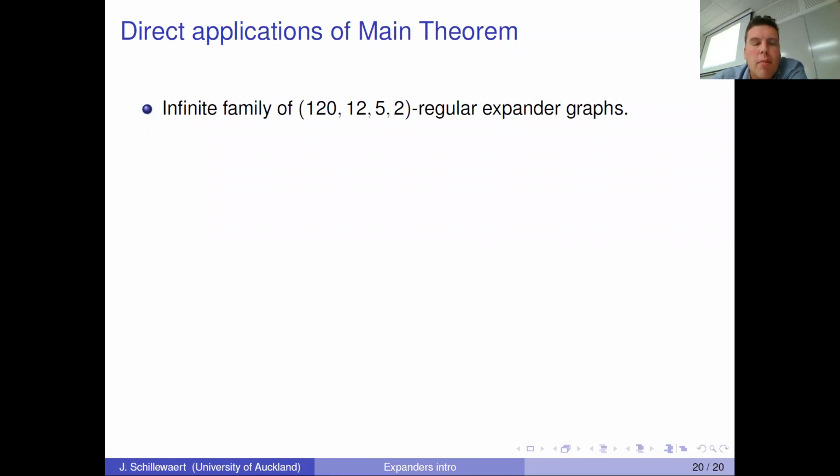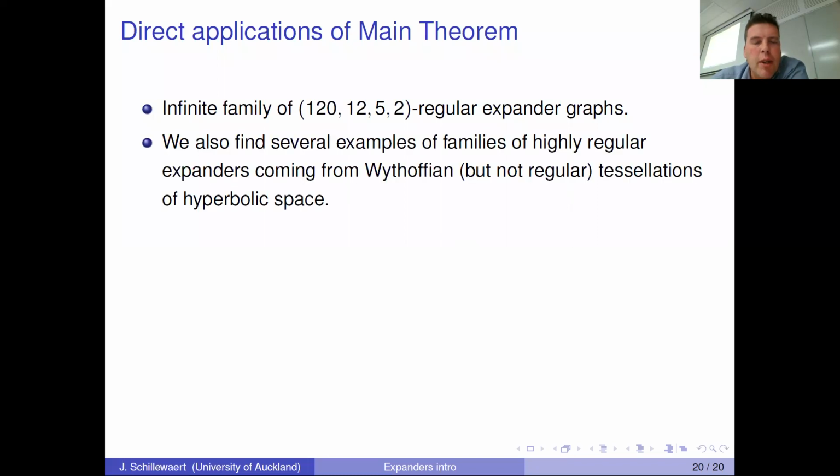So we get an infinite family of 120, 12, 5, 2 regular expander graphs. So note, Lineal, Chapman, and Pillet asked for ABC, but we can do ABCD. And actually, we can do better. So these string Coxeter systems of my previous slides, they come from regular tessellations in high dimensional hyperbolic spaces, but that's not strictly necessary if we loosen our framework a little bit.